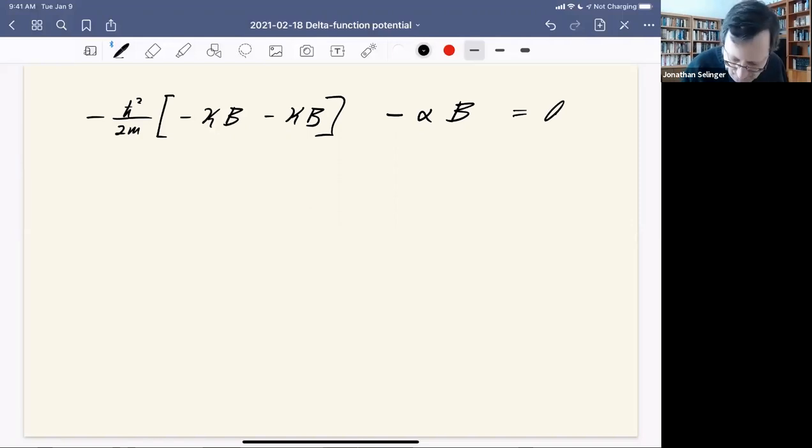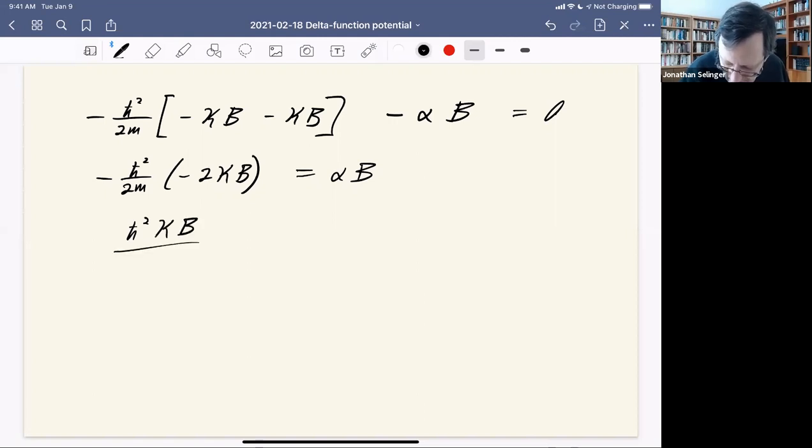So negative ħ² over 2m times negative 2κb has to be equal to αb. So ħ²κb over m equals αb. The b's cancel.